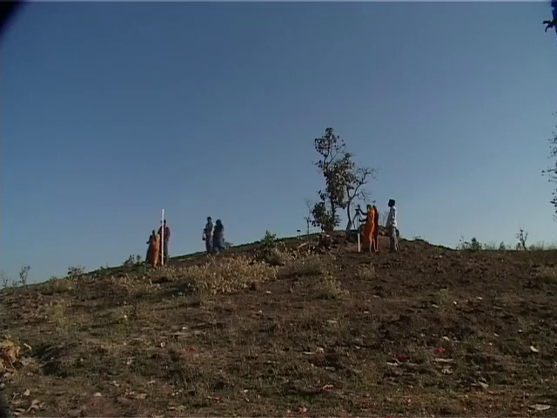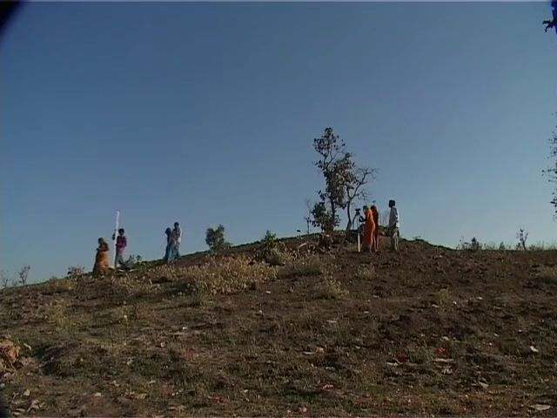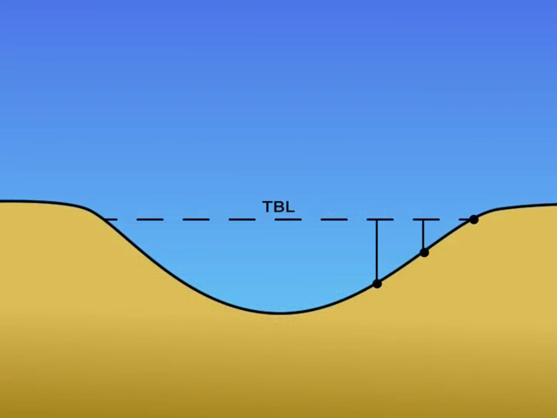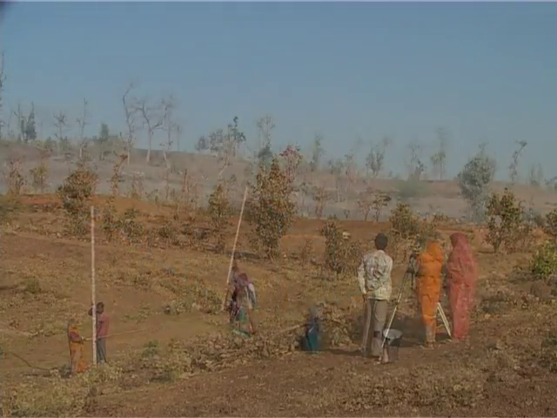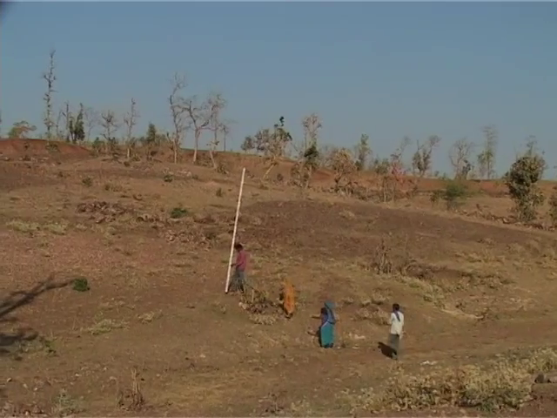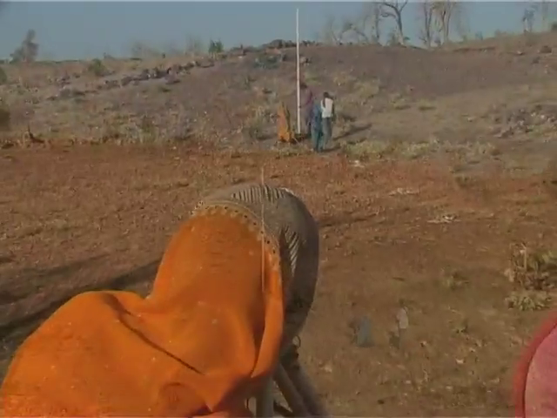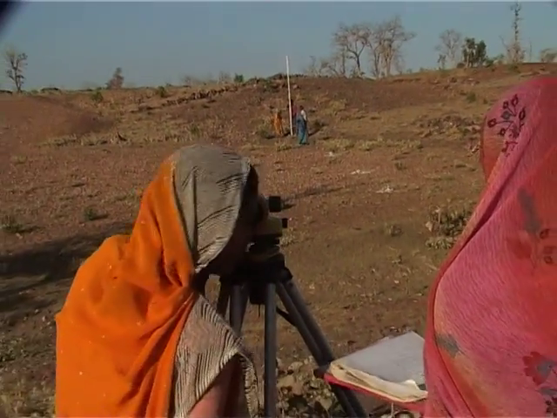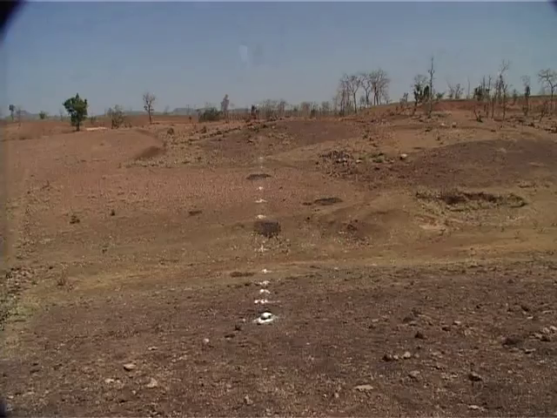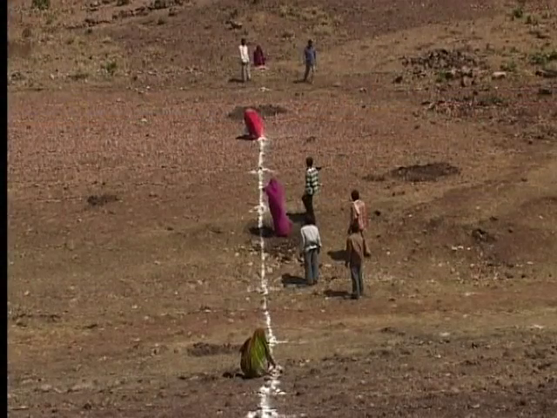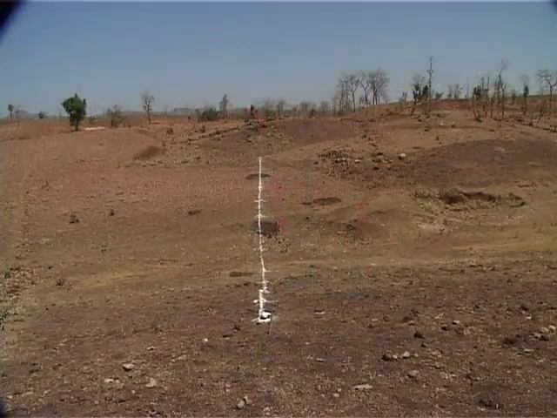We then move across the stream, marking TBL points at regular intervals till we reach the TBL on the other bank. A line is drawn joining these points. This is known as the center line.